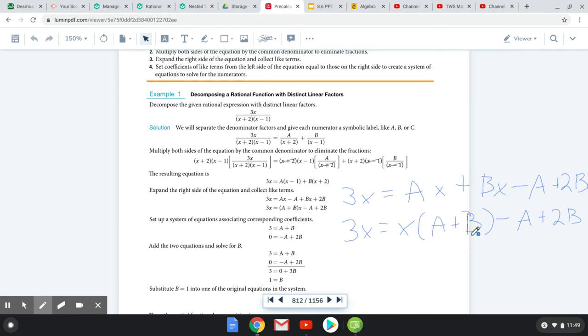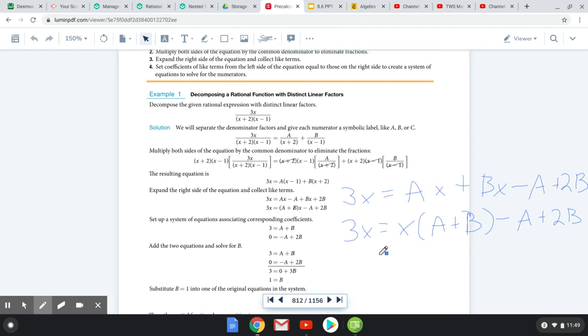So this has to equal the coefficient of x on this side, and whatever doesn't have an x has to equal the constant on this side. We don't have a constant on this side, so it's going to have to equal 0. So A plus B has to equal 3, and negative A plus 2B has to equal 0, because there is no constant on this side.